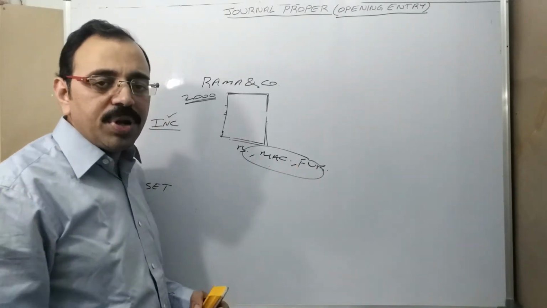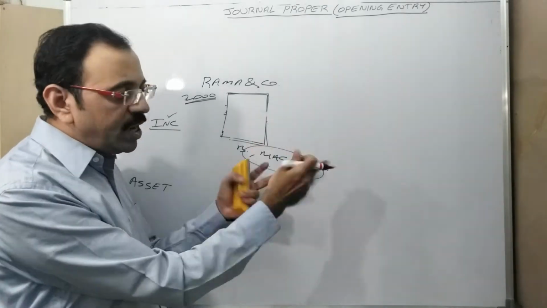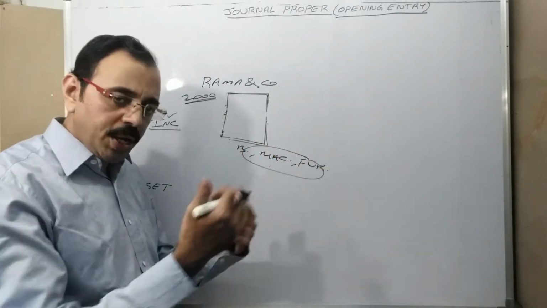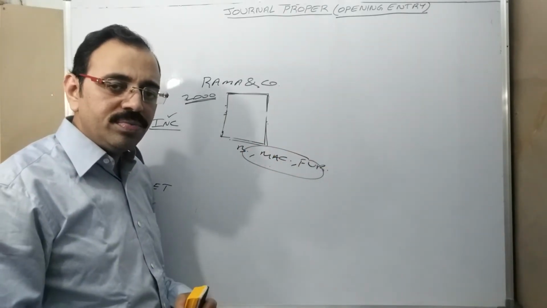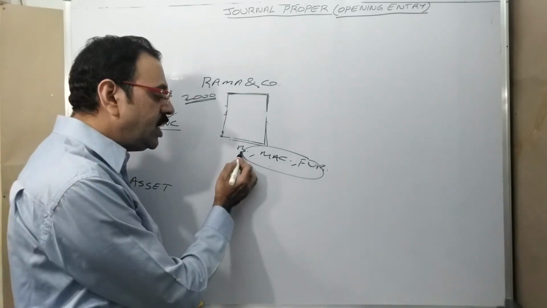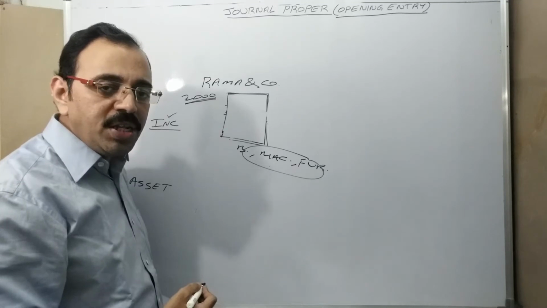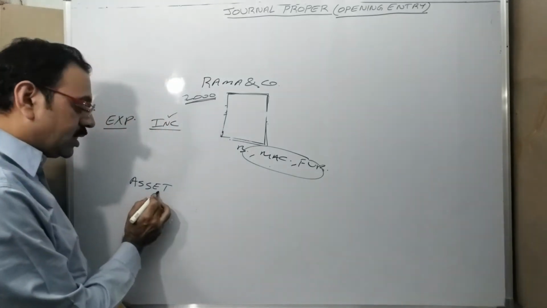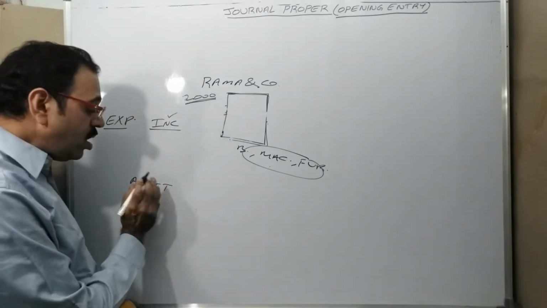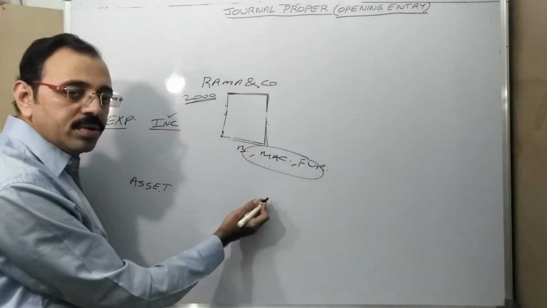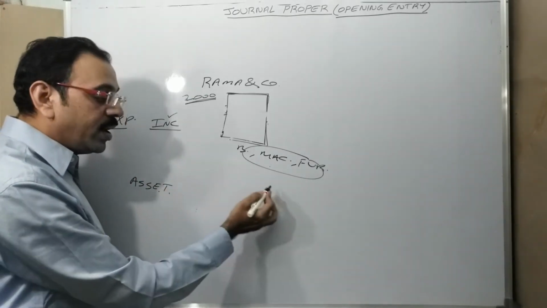Assume 1 year is completed. Will they throw them in dustbin? Will they buy new assets? No. With same assets, they are going to continue in next year also. Means what? Assets are carry forward from 1 year to next year.